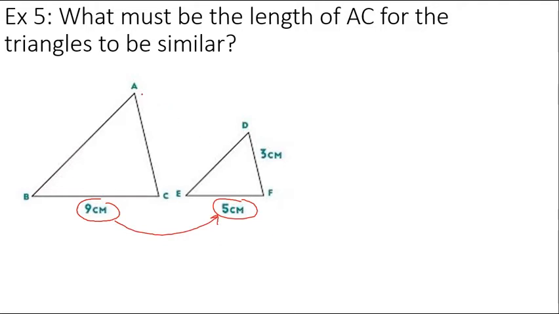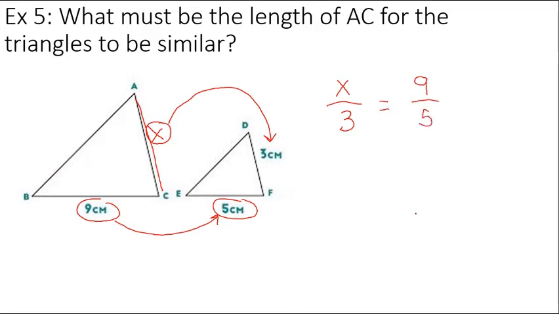So that means that this side here, AC, which I'll call X because I don't know what that is, corresponds with 3. So when I set my proportion up here, I'm going to say X over 3 equals 9 over 5. And I just cross multiply from here.